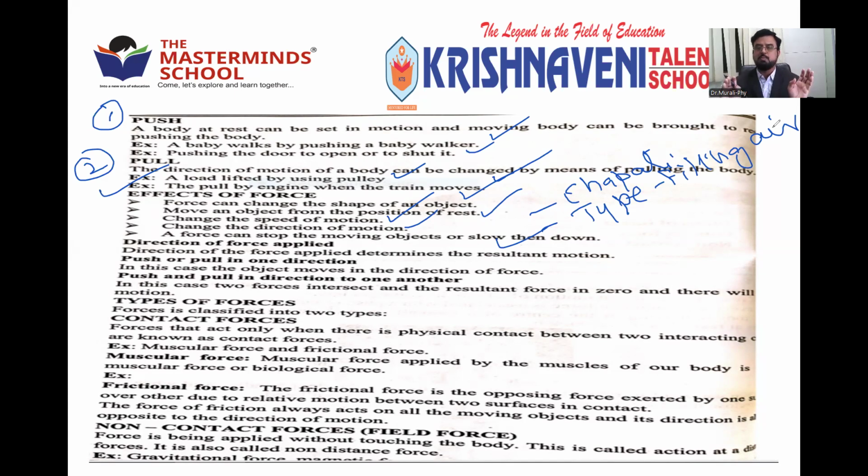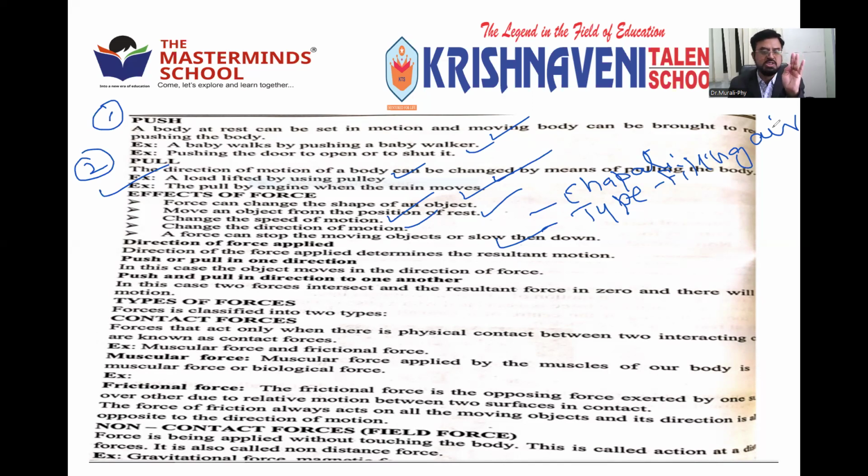Suppose you apply acceleration, you move fast. To decrease the acceleration, it slows down. Either you can increase the speed or decrease the speed by the application of force. So these are called effects of force. What can force do? Force can change the shape. Force can change the size.